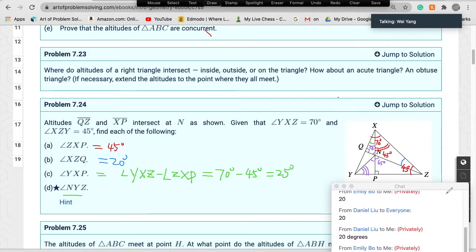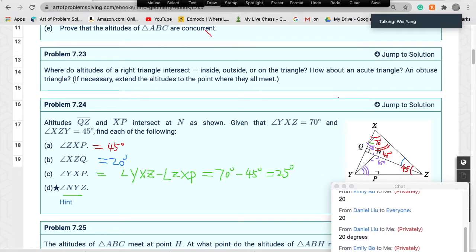Let's say this one's 65, this one's 25. This triangle is actually congruent with this one?